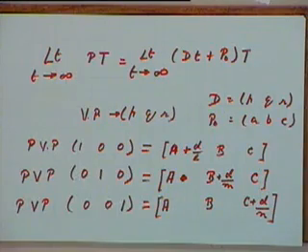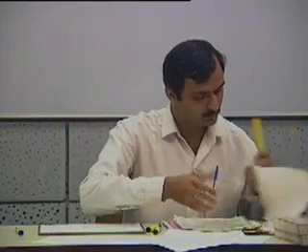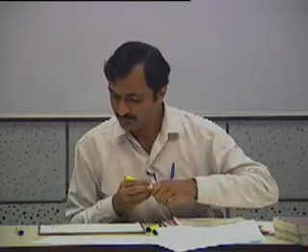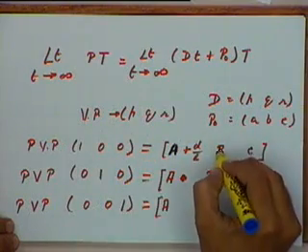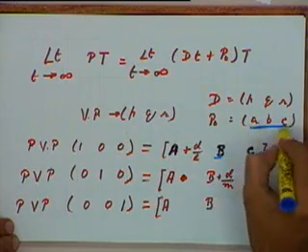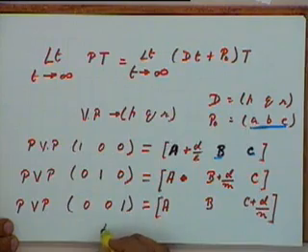In this, this capital A, capital B and capital C are different from this ABC. This capital ABC is the location of the I.